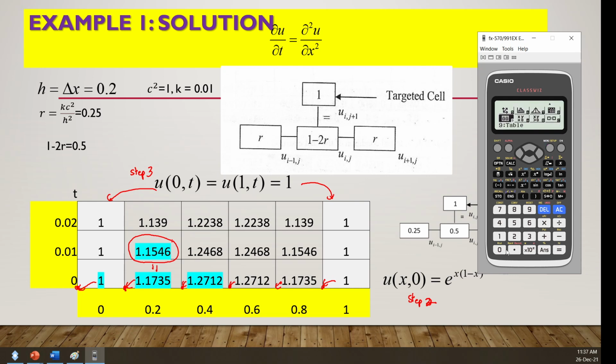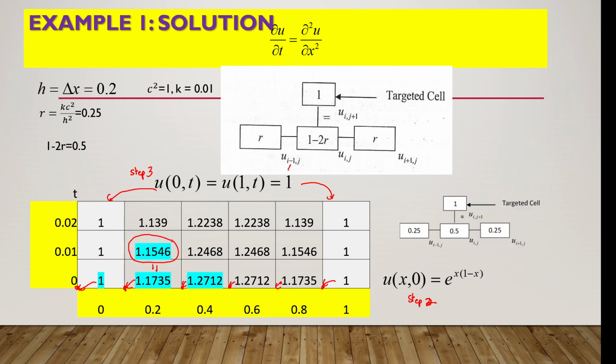Then mode number 1, you can just key in the formula: 0.25 alpha A plus 0.5 alpha B plus 0.25 alpha C. A, B, C represent the left bottom cell, center bottom cell, and right bottom cell.